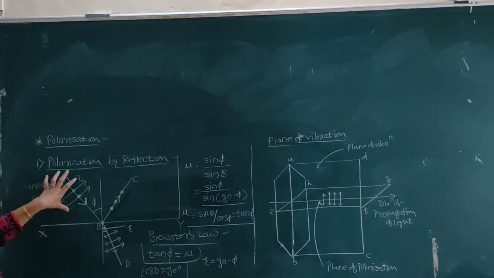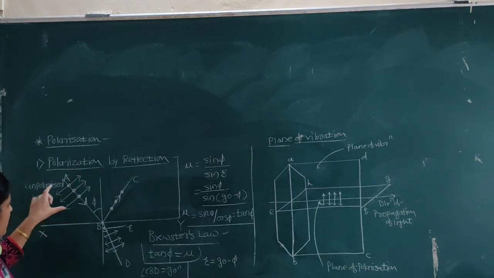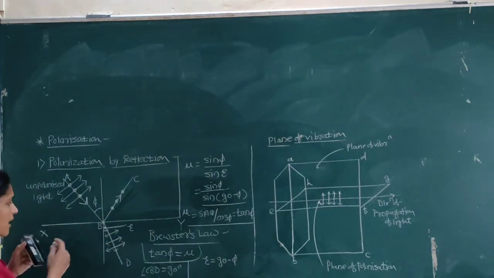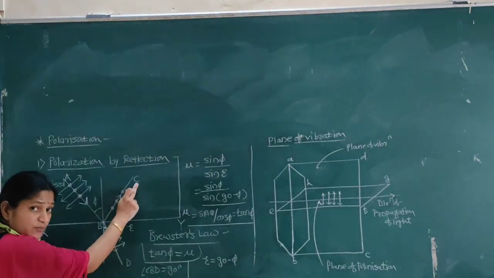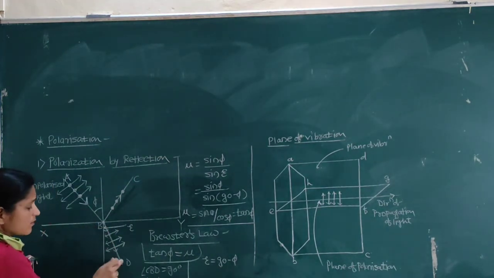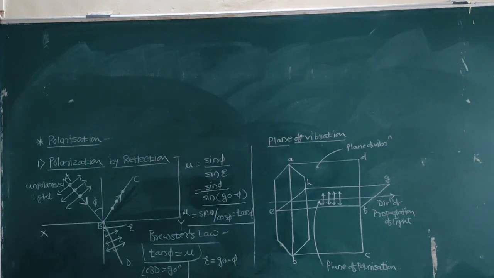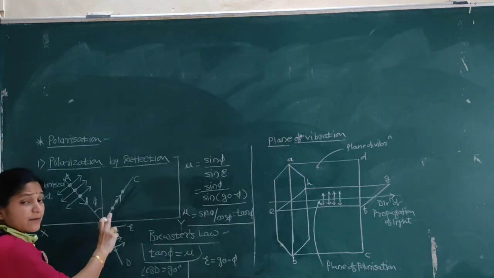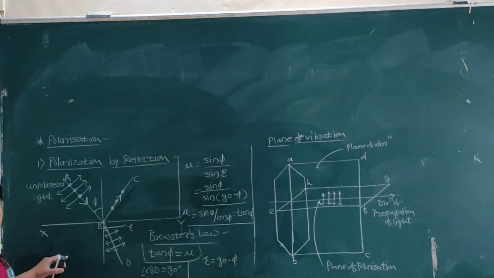Okay. So in this method, when unpolarized light is incident on the surface XY, a part of the light is reflected along BC and a part is refracted along BD. This is the angle of incidence, and there is an angle of refraction. But it is found that both the rays are partially polarized, not completely polarized. Understood?